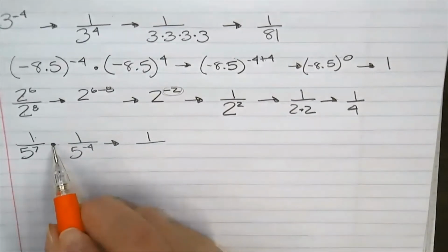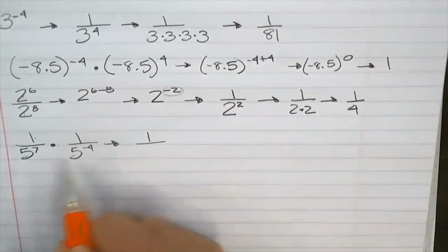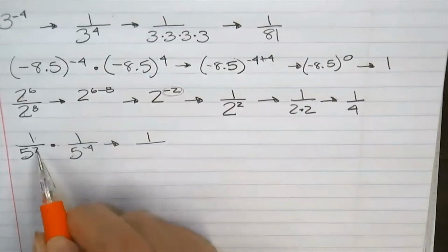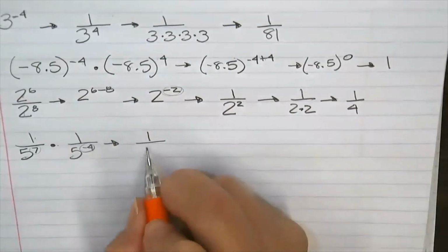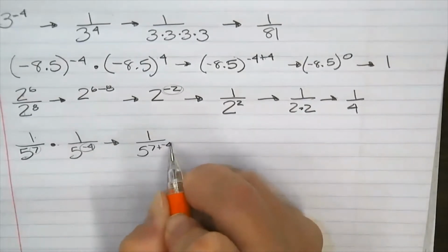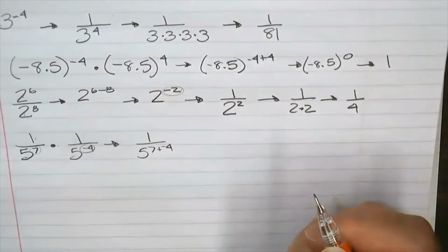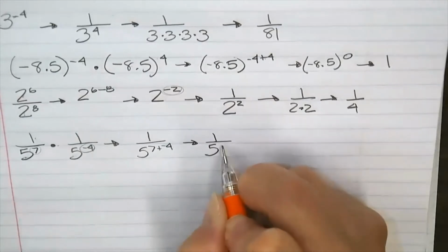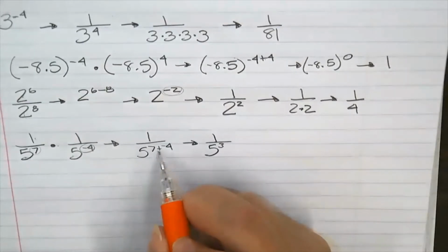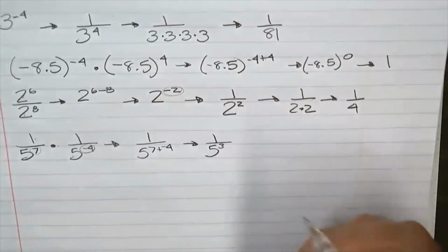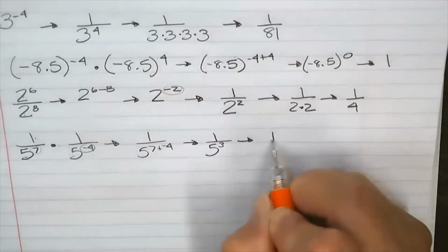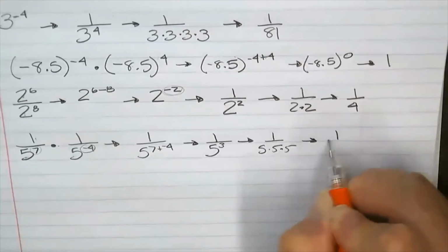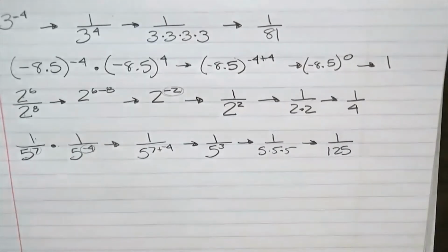Here, I'm multiplying and my base is the same, so I'm going to add my exponents. 7 plus negative 4 is 5 to the 3rd power. So 5 times 5 times 5 is 1 over 125.